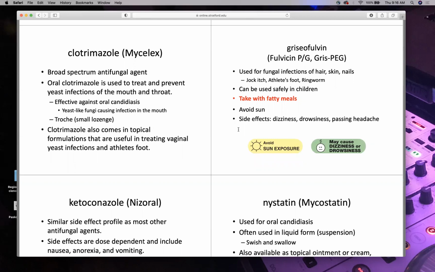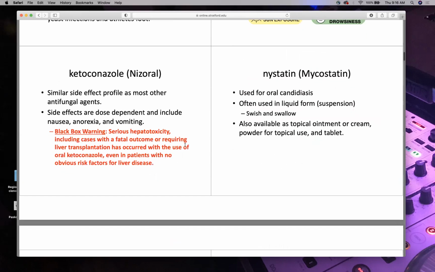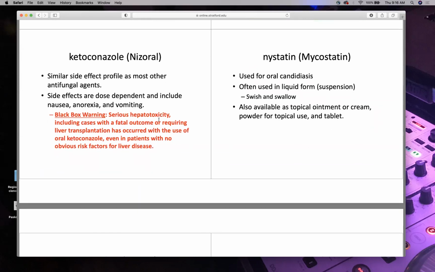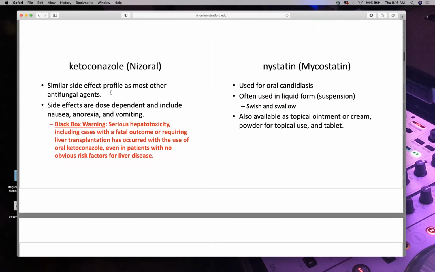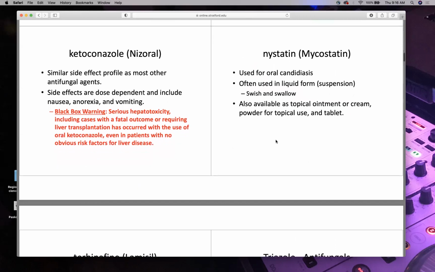A lot of stuff, but it's typically a topical. Athlete's foot, ringworm. Ketoconazole, nystatin, right? It's a black box warning again. Hepatotoxicity, okay? You've got to watch out for that because of the cytochrome P450 effect.